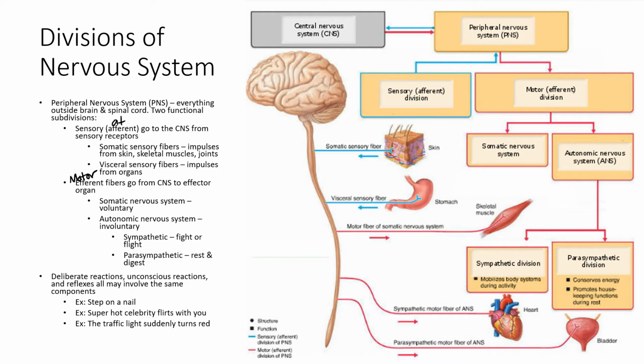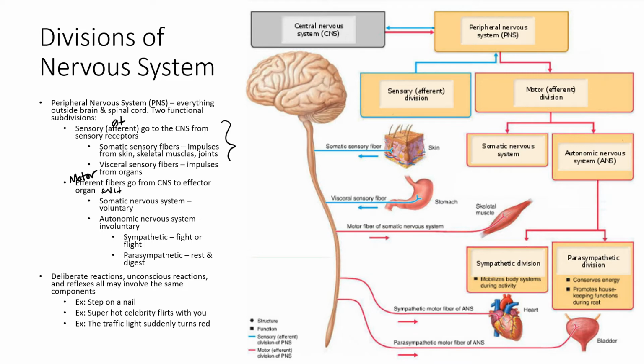These fibers go at the central nervous system. Your motor fibers are called your efferent fibers. These exit the central nervous system. Your sensory fibers and your motor fibers are all part of your peripheral nervous system, but they either bring information to the central nervous system or from the central nervous system.